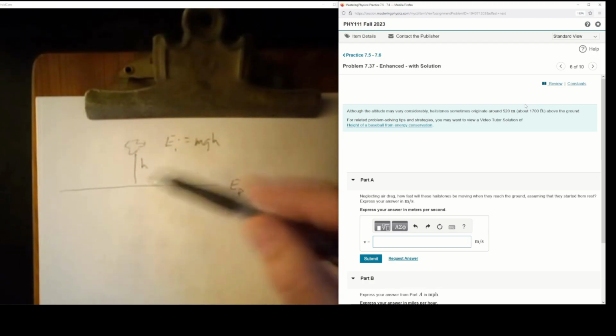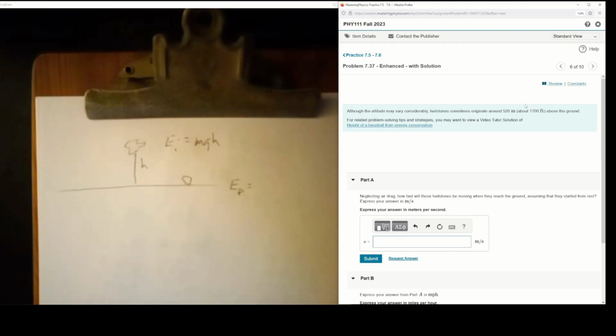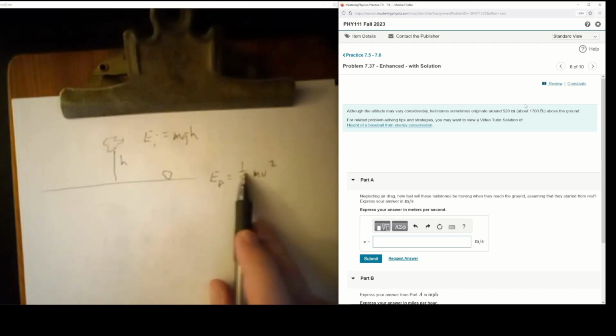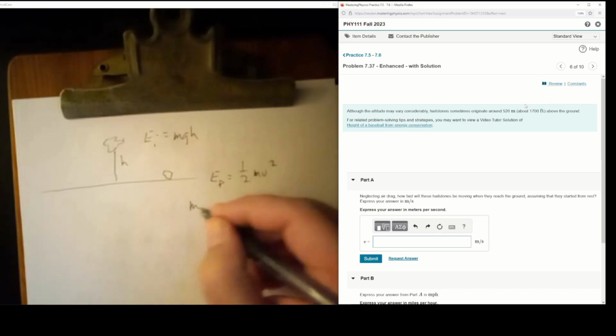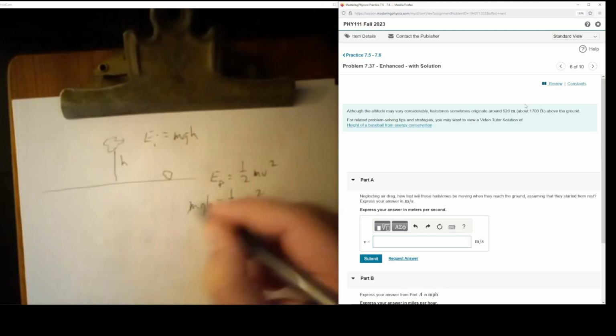And when it falls, right as it hits the ground, it has no more potential energy from gravity. It's all kinetic now. And so we get this very common relationship we've been seeing. Energy initial equals final, where we get mgh equals 1/2 mv squared. The masses cancel.